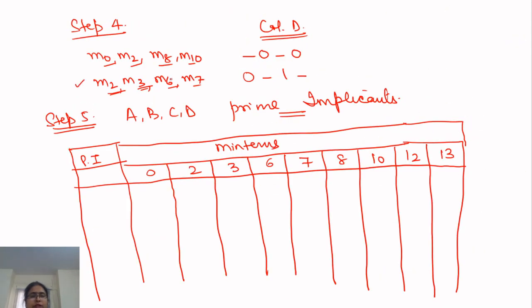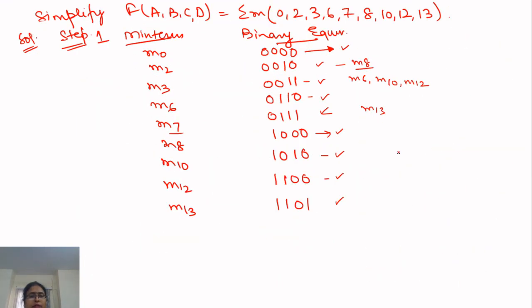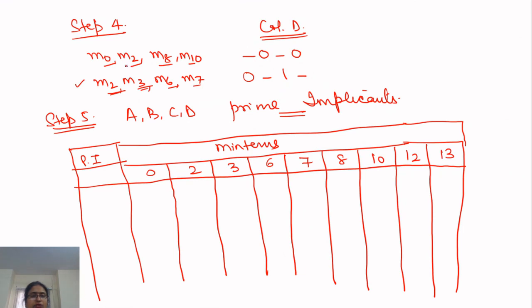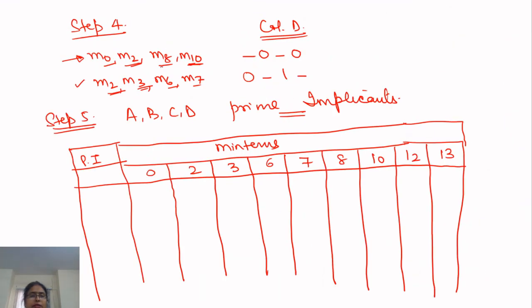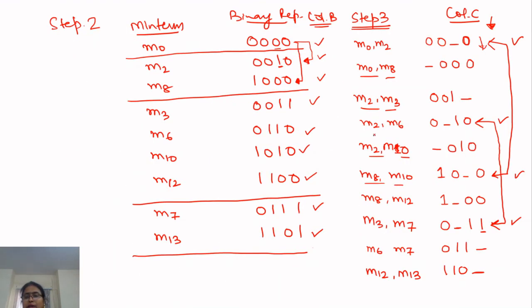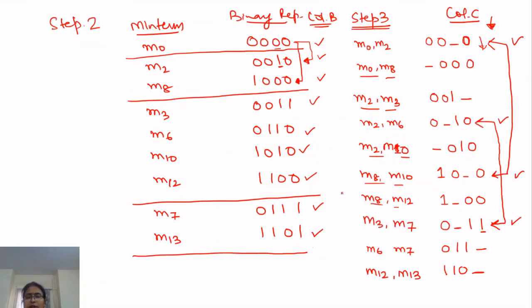Yes. Then 2 and 10 are there, they are in a group, right? Then 8 and 10 are also there. Then 8 and 12, no, 8 and 12 are not there. So as 8 and 12 are not there, you have to write it down.